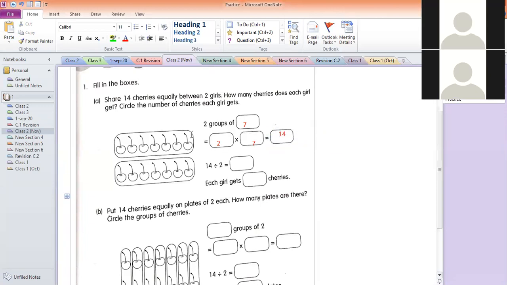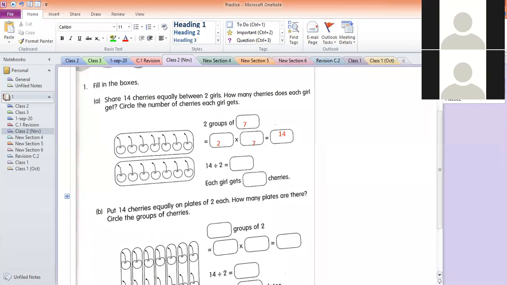This means there are total 14 cherries. Even if you count, you will get to know. 1, 2, 3, 4, 5, 6, 7, 8, 9, 10, 11, 12, 13, 14.